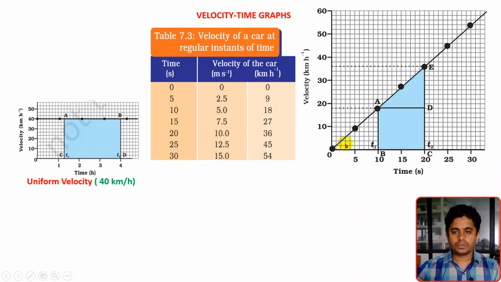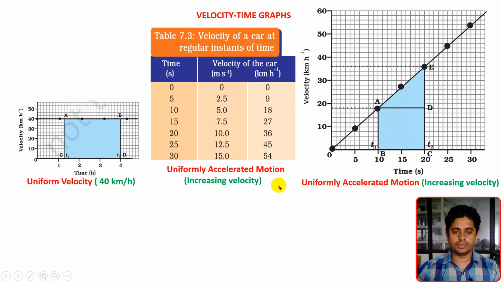On the x-axis there is the time and on the y-axis there is the velocity. As time is increasing, the velocity of that car is increasing, right? So here velocity is directly proportional to the time. As time is increasing, velocity is increasing.